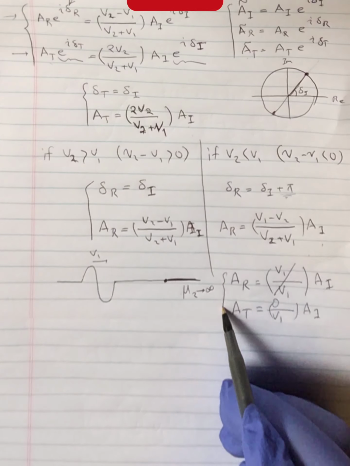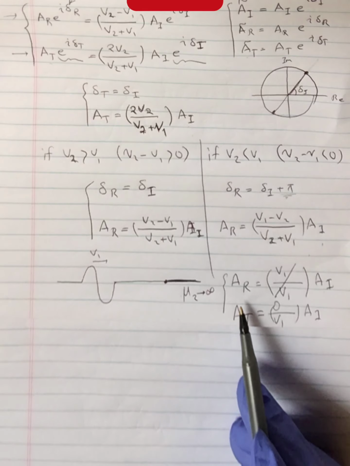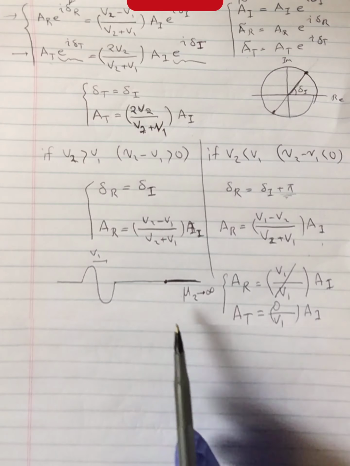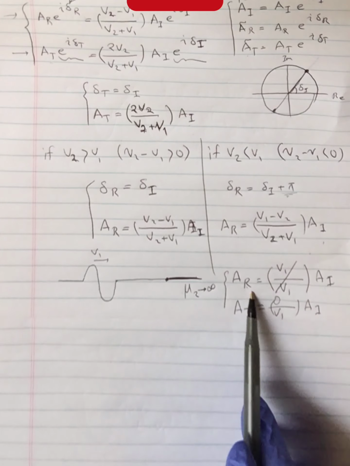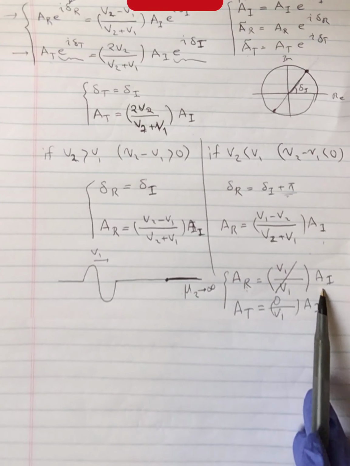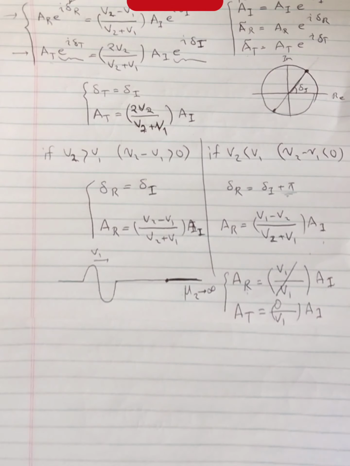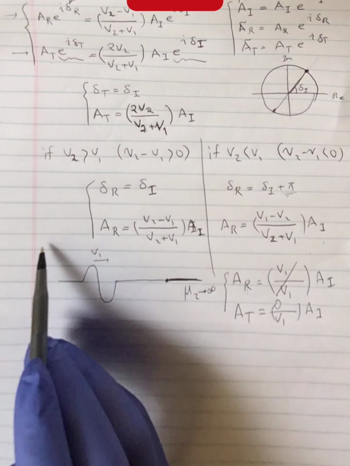Our intuition and our mathematics agree with each other. There's not going to be any transmission, it's 100% reflection, the reflected wave has the same frequency, and that's it. So this is one special case.